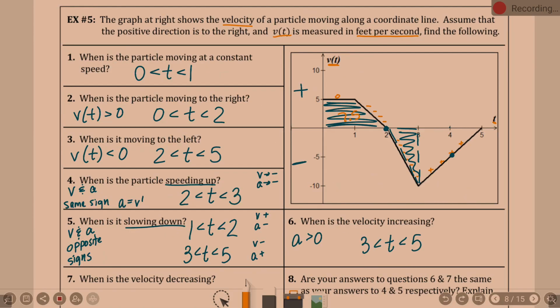Because it travels 7.5 feet right and then negative 15 feet left. This triangle here is 1/2 base times height, so 1/2 times 3 times negative 10. So that area is negative 15. Total distance is just it traveled 7.5 right and 15 left. Those are both distances traveled. So 7.5 plus 15, which is 22.5.